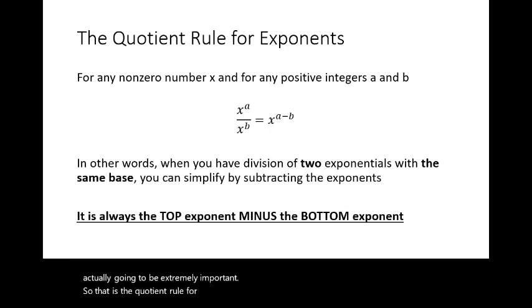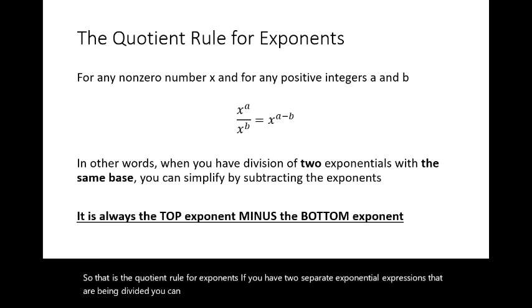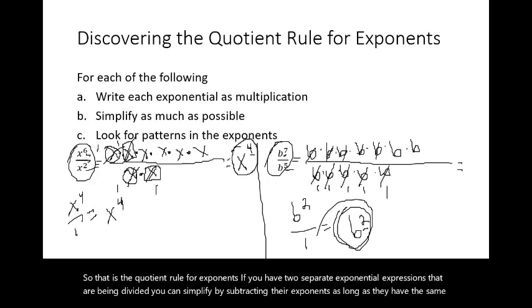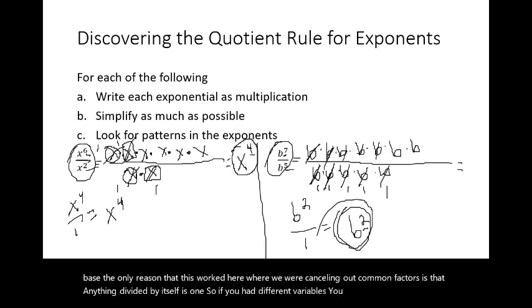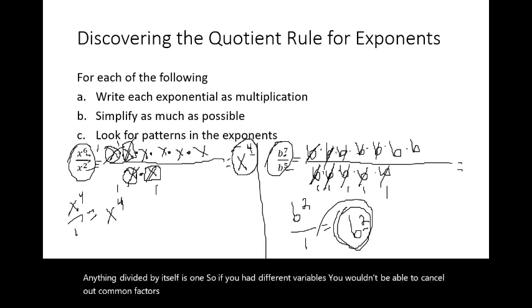If you have two separate exponential expressions that are being divided, you can simplify by subtracting their exponents as long as they have the same base. The only reason that this worked here where we were canceling out common factors is that anything divided by itself is 1. So if you had different variables, you wouldn't be able to cancel out common factors between the numerator and denominator because they wouldn't be considered common factors.